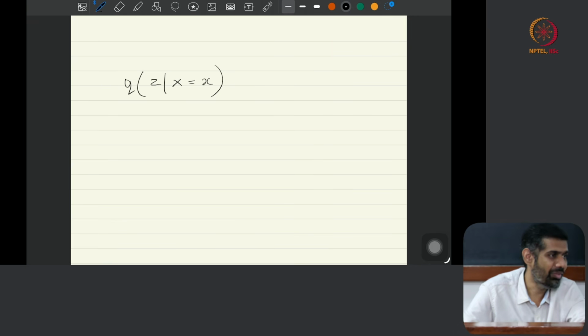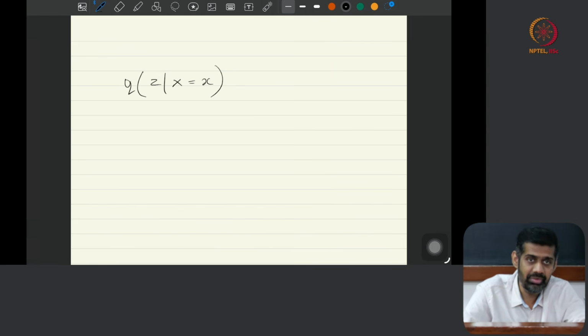This seems obvious, but a lot of people do not appreciate it. The moment you write conditional distributions, the conditioned random variable is fixed to a particular value. It's not a random variable. We are talking about a distribution where the conditioned random variable is fixed to a particular value. For brevity we don't write this, but whenever we write the conditional distribution, we always mean that the conditioned random variable is fixed to a particular value.